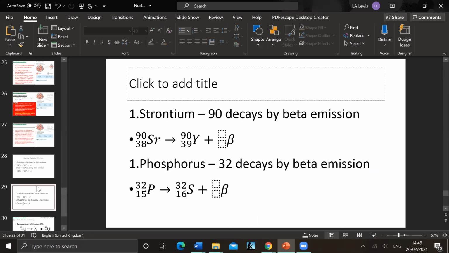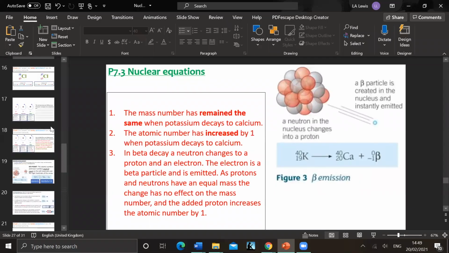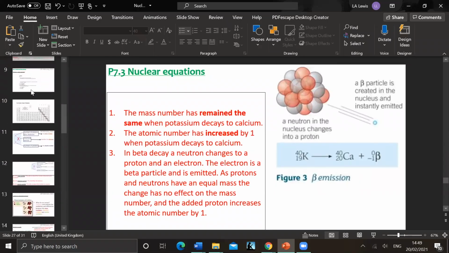And the next one, not really that difficult. So strontium-90 decays by beta emission. So 90, 38. Gamma, sometimes, sorry, strontium-90 goes by beta emission, not gamma. Strontium 90, 38 goes to yttrium. I'll double check what that element is. You don't need to, it's just out of interest.